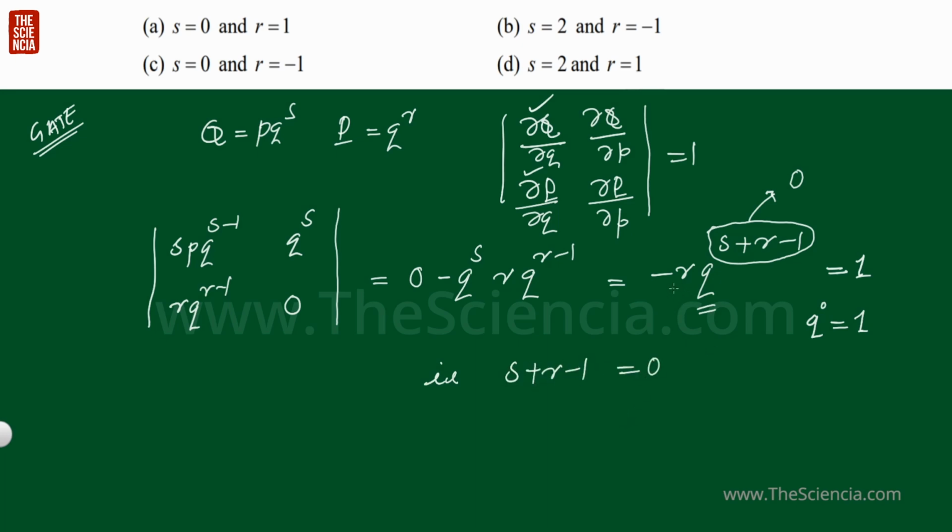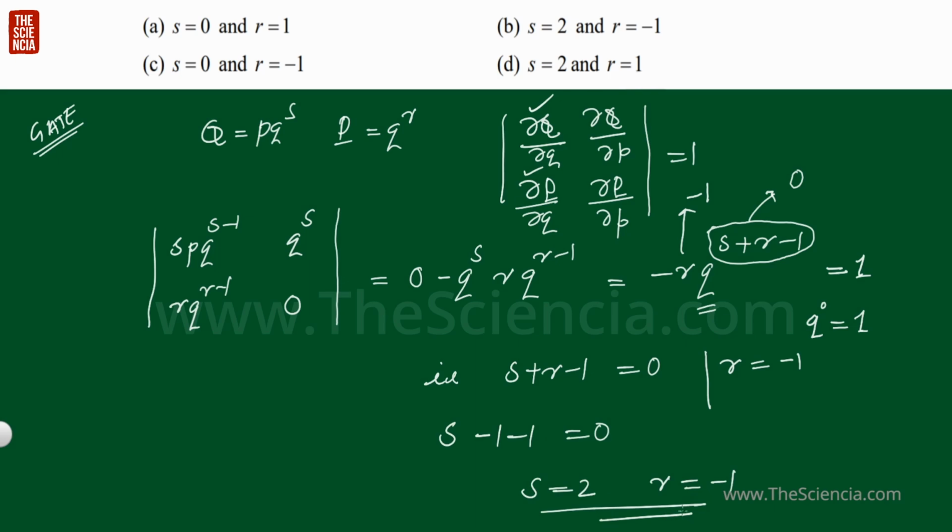And here we have a minus R and we have to remove this R. So R should be equal to 1. And to remove this minus sign, this R value should be minus R. So this R value should be equal to minus 1. So substituting this R equal to minus 1 value here. So what we get? S minus 1 minus 1 equal to 0. So we get S equal to 2 and the R equal to minus 1. So option B is the correct answer.